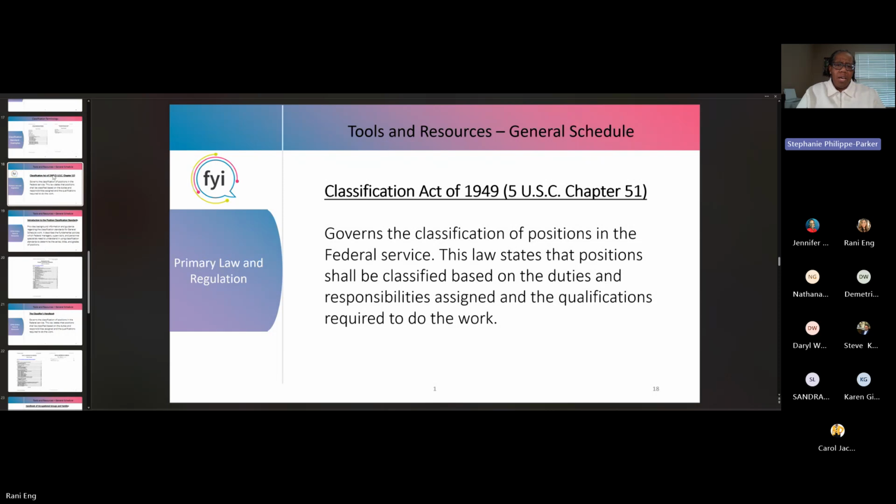This is the Title V U.S. Code that was sort of mentioned earlier. And this law just dictates across every agency very specific rules, regulations, and guidelines that are to be used in the performance of a classification review. So let's sort of get into some of those guidelines and resources briefly. Next slide, please.